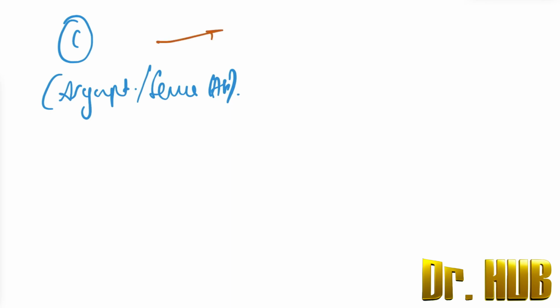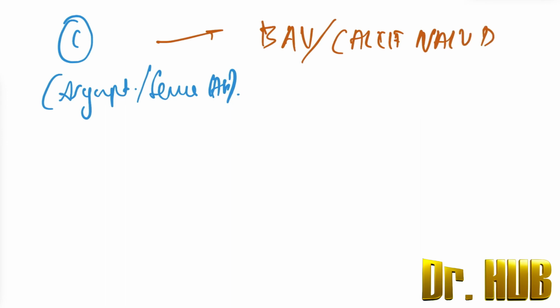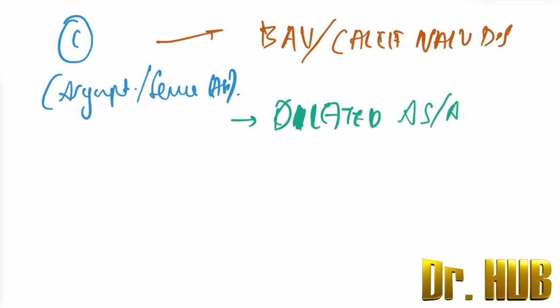Under this, what are the valve abnormalities? Bicuspid aortic valve, then calcified valve disease. Then there is a dilated aortic sinus as well as the ascending aorta.